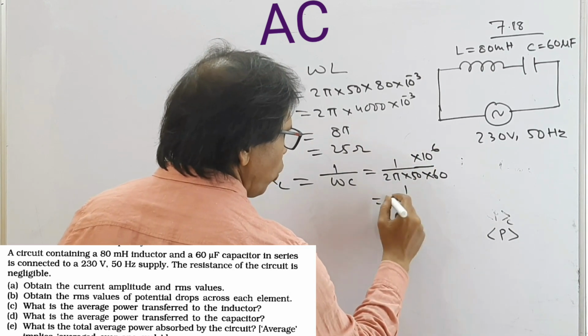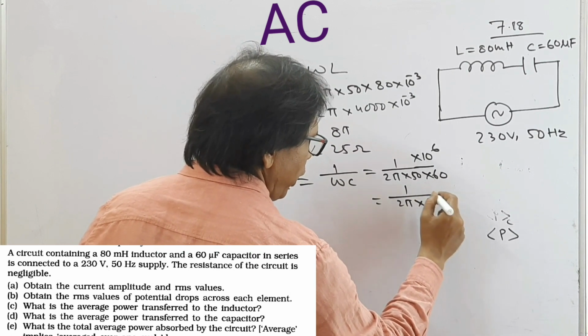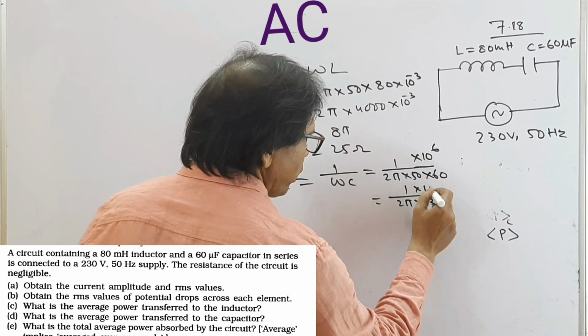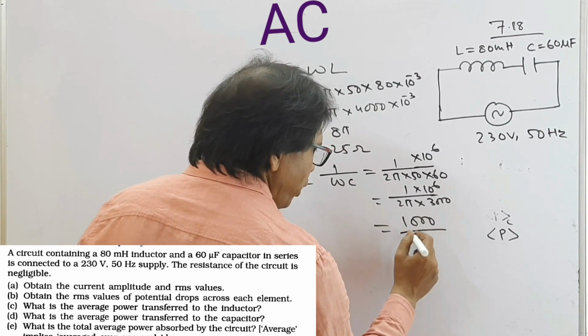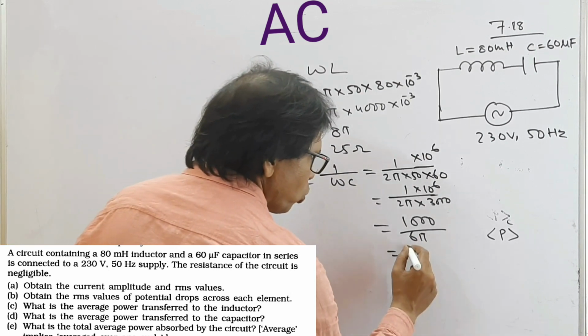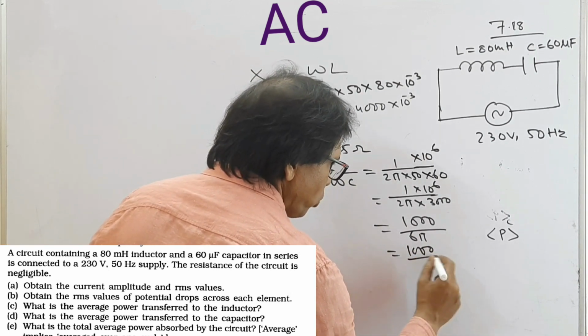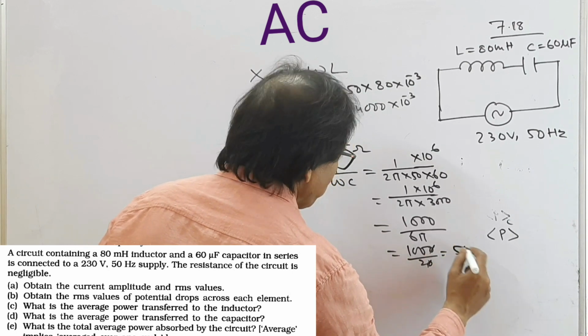Now this is 1 by 2 pi and this is 3000 into 10 to the power minus 6. So this is 1000 divided by 6 pi. Now 6 pi is almost 20. So this is 100,000 by 20. So look at this, cancel out. So this is 50.